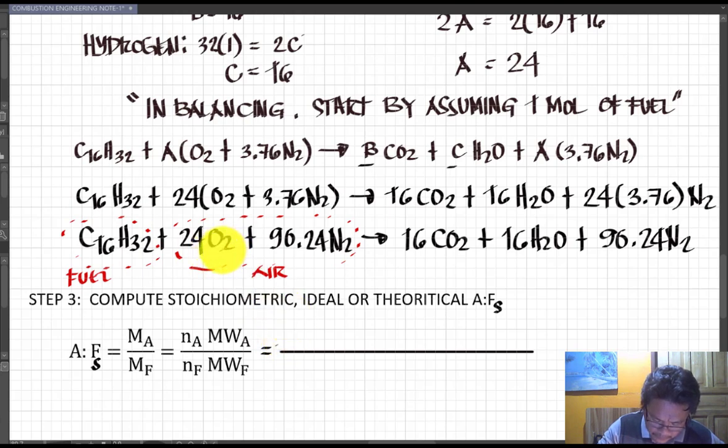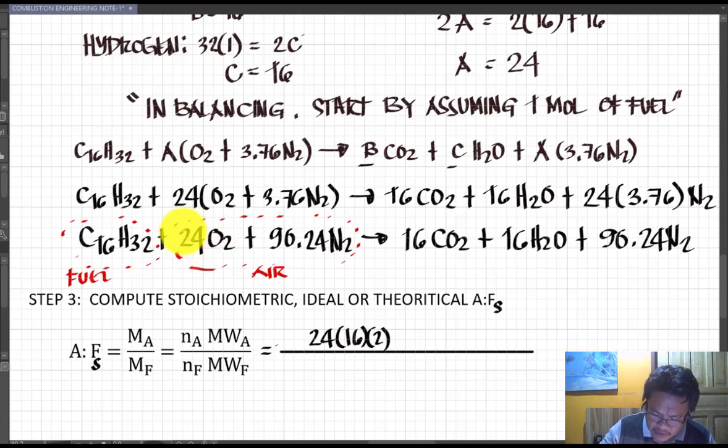Then your oxygen, that will be 16, yung atomic weight niya times 2 for the molecules niya, so kaya naging 16. So that will be 24 times 16 times 2. That is the molecules, then multiply by the molecular weight and times your moles.